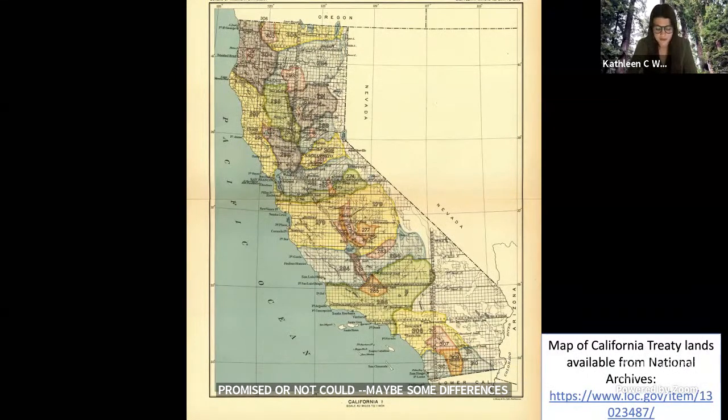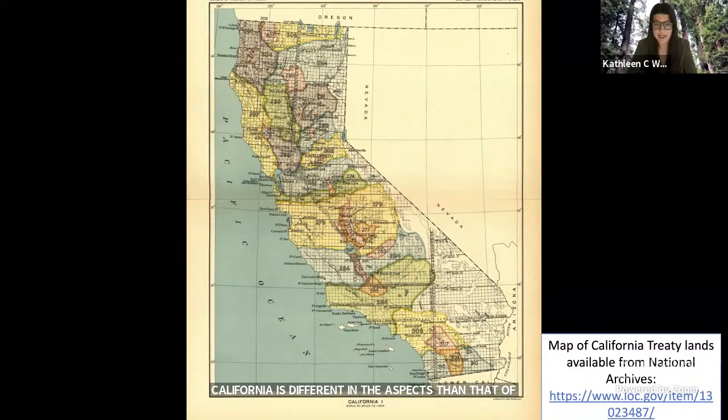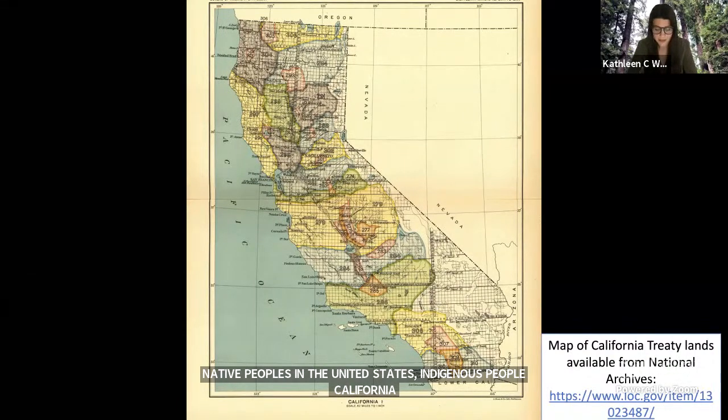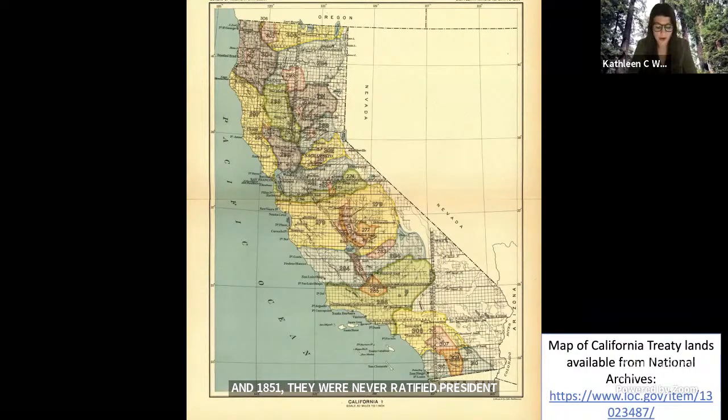The history of the federal-Indian relationship in California is different in many aspects than that of Native peoples elsewhere in the United States. While Indigenous peoples of California negotiated these 18 treaties of friendship and peace between 1851 and 1852, they were never ratified. President Millard Fillmore appointed 3 federal agents to make these treaties: George W. Barber, Reddick McKee, and O.M. Wozencraft. Not one of the agents had any experience working with Native peoples or treaty making.